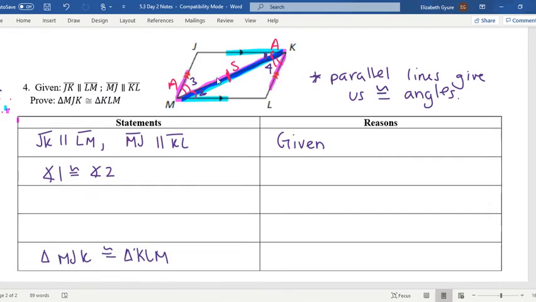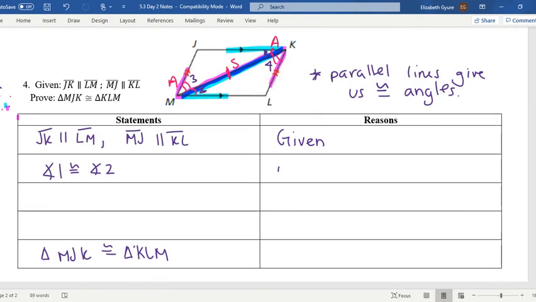And that is our alternate interior angle theorem. Then we had the left and the right were parallel, so we could also have our alternate interior angles going the other way. So we could also say angle 3 is congruent to angle 4. Now this is also the alternate interior angle theorem.